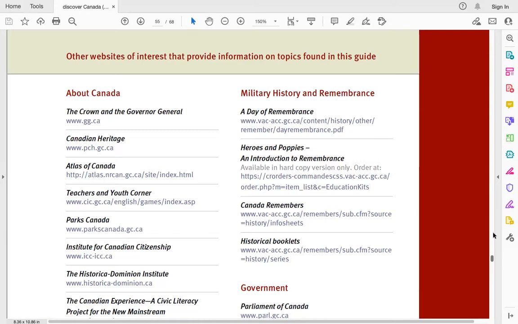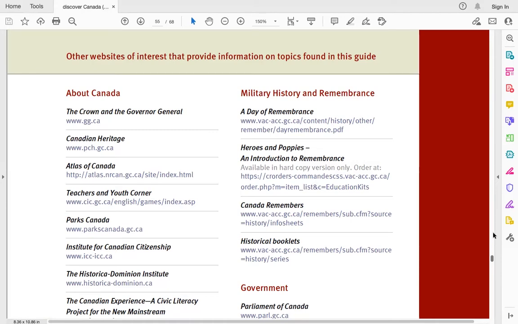Teachers and Youth Corner, www.cic.gc.ca/English/English/Games/index.asp.